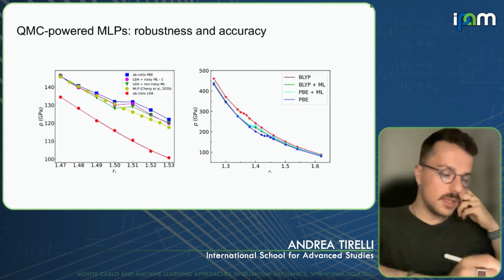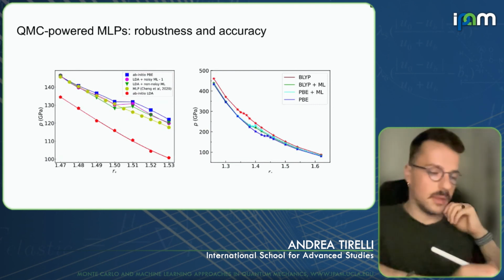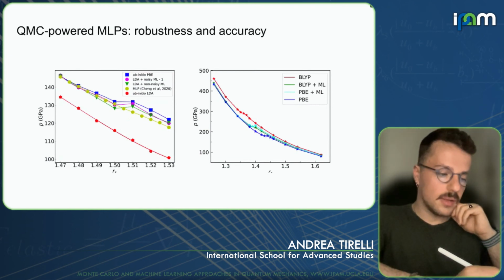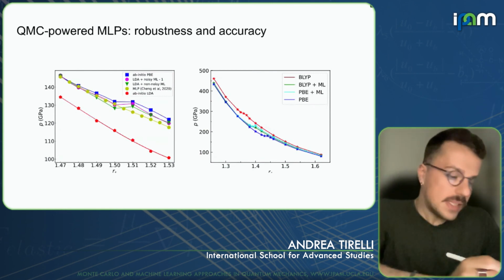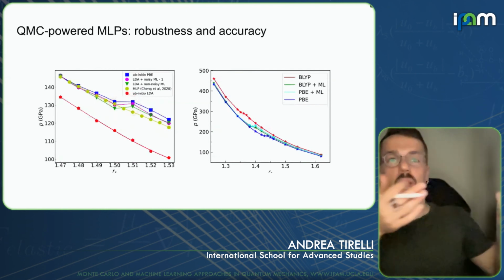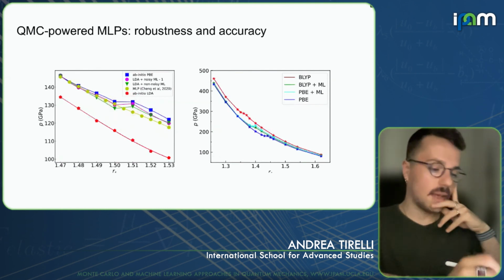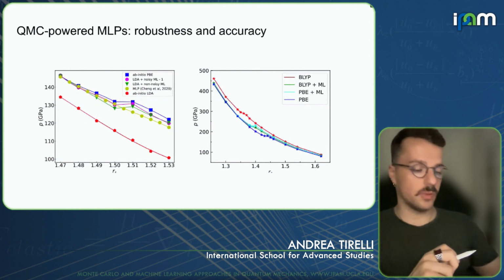And as you see here, this light green circle line captures physics that does not see this plateau that is indeed detected by our machine learning model.